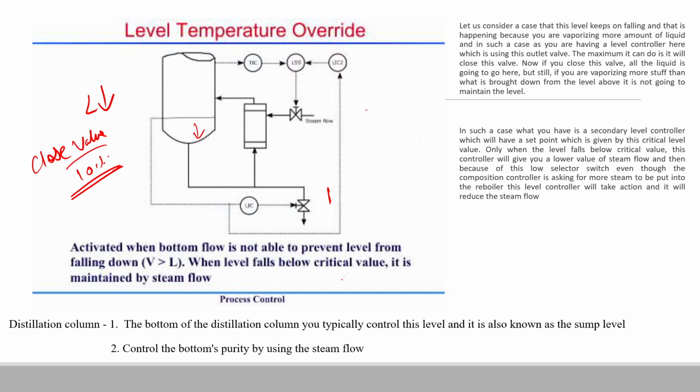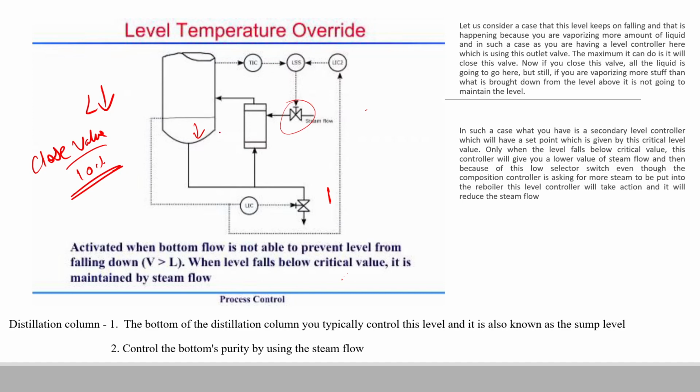Only when the level decreases beyond this critical value will this controller give a control input to lower the steam flow rate. And then because of this low selector switch, we manipulate this control valve on the steam.